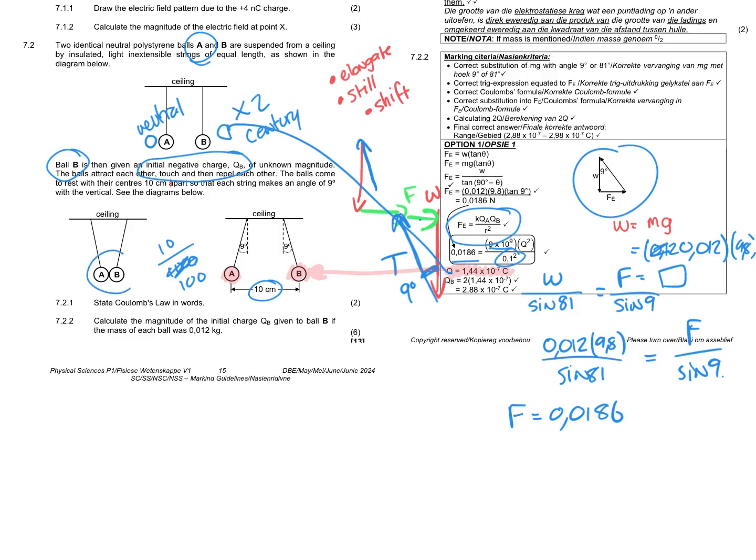Then A and B shared the electrons equally, so they each got the same charge. That's why this doubling is happening at the end, because they are asking for the initial charge that was given to ball B. So ball B was given an initial charge, and then it shared its charge with neutral A to end up with the final charge, which is the one that you calculated here.